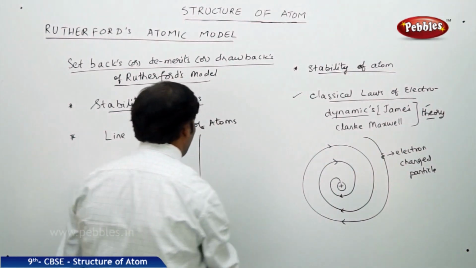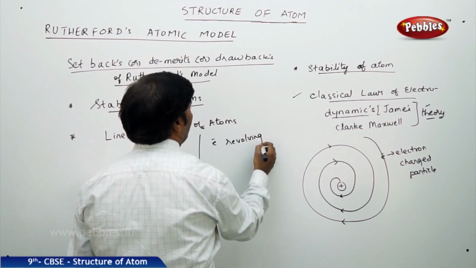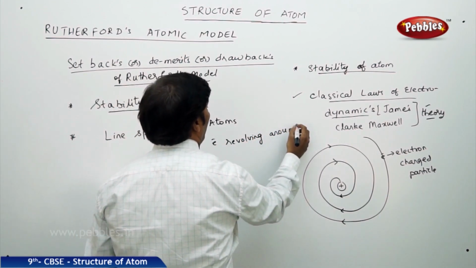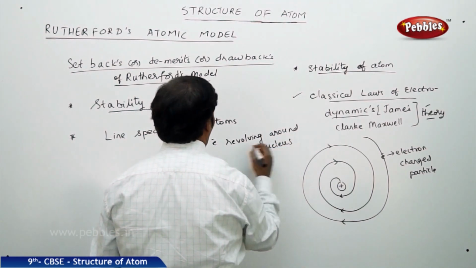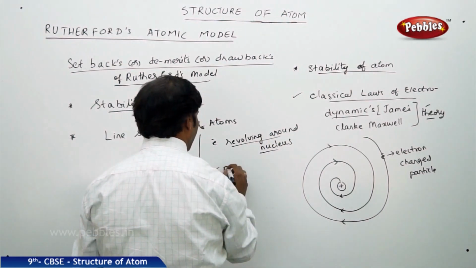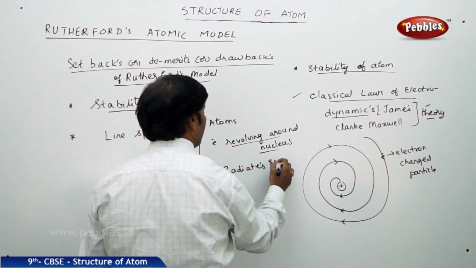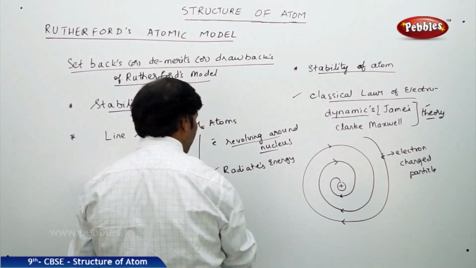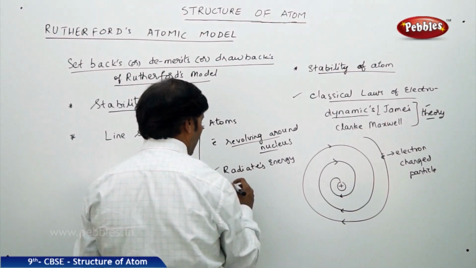Electron revolving around the nucleus follows this condition: it radiates energy continuously. Then it loses energy.